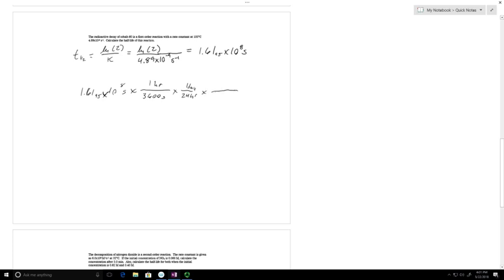And approximately for every 365 days, you have a year. So our seconds will cancel out, so will our hours, so will our days, and we'll be left with years, which in this case is 5.14 years. So it has a pretty long half-life, though not nearly as long as some things.